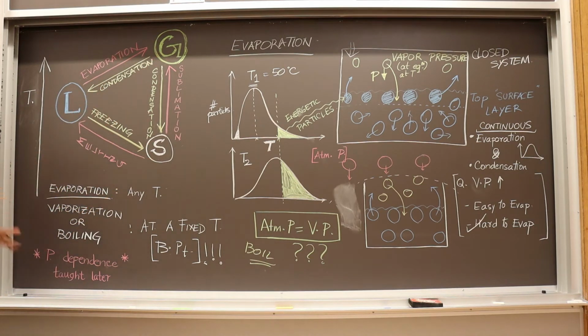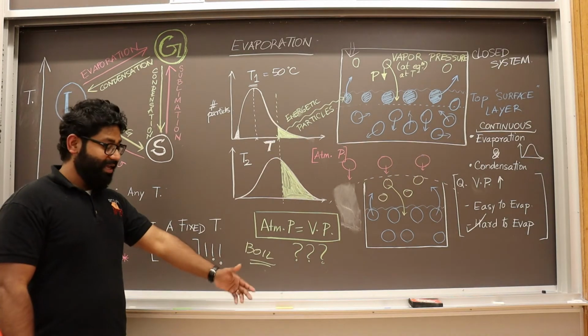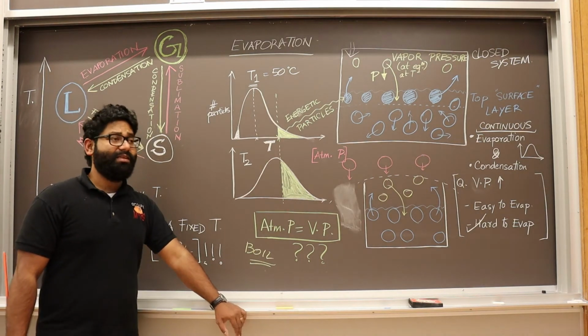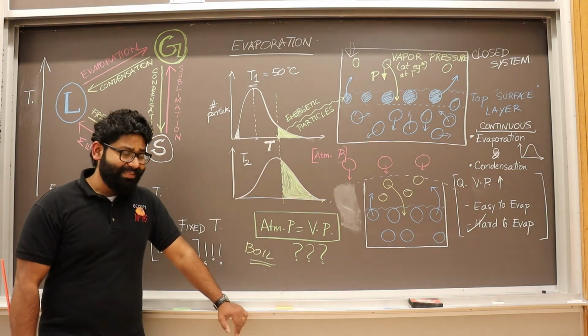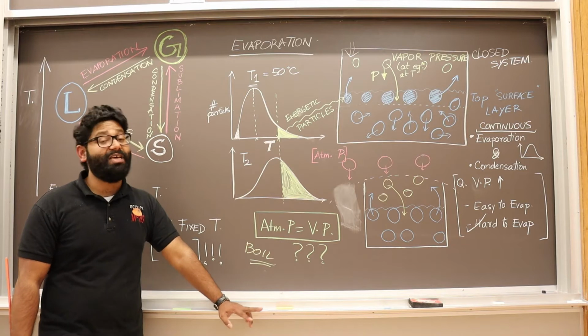Okay, now what's the difference between evaporation and vaporization? Vaporization is also called boiling. Evaporation happens at any temperature. For example, if you spill some water, come back a little later, it might have evaporated, right? Why? Did the temperature go to 100 degrees Celsius? No, but there was a phase shift. How did it happen? It was evaporation.